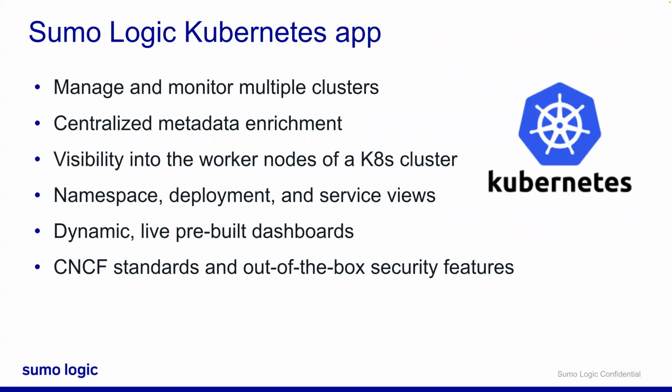Getting that visibility into the worker nodes, the namespaces, the deployments, being able to really dig in there so that you can explore those clusters and containers and pods and nodes. The views are going to center around the namespace, the deployments, the services within your cluster to help provide deeper visibility and possibly a different perspective from traditional hardware-centric views.